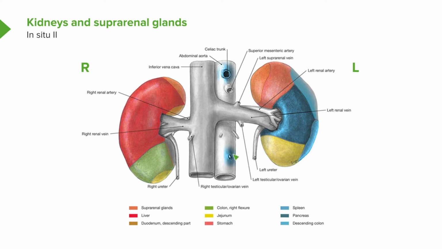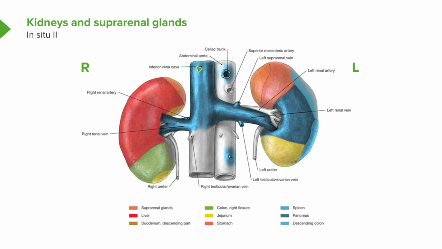And what's shielding the renal arteries are the renal veins. Here we've got the inferior vena cava, and we can see that the kidney is giving rise to this left renal vein here. Coming away from the kidney, we've got this left renal vein. Coming from the right kidney, we have the right renal vein, and these will then drain up towards the heart in the inferior vena cava.